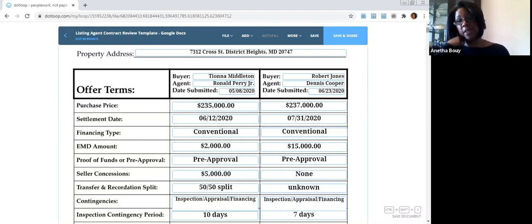And so the way that we make sure that we are able to verify that this cash buyer is able to get all the way to settlement is we're looking for from them something from their bank that identifies the individual and or company or corporation that is looking to purchase the property, and whether or not they have the funds available to be able to move forward with the purchase of the property.